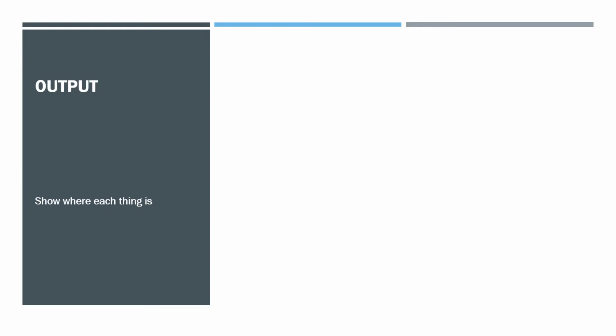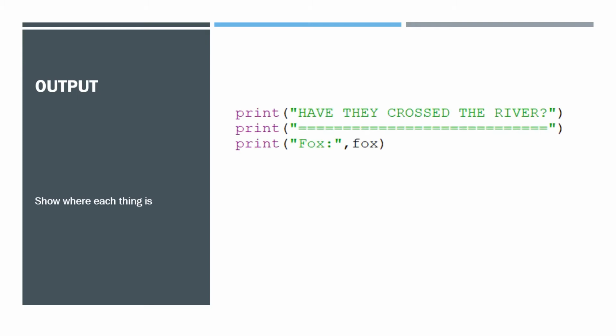Remember that in our output we want to show where each thing is. So my first part of my output is just 3 print lines. I'm printing, have they crossed the river? I've done a big underline, and then I'm printing out the information about the fox.